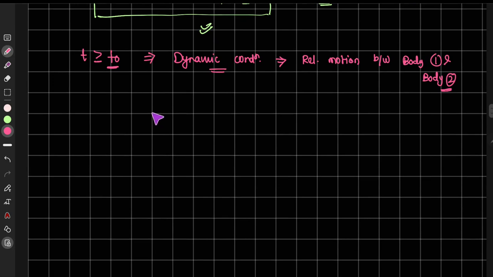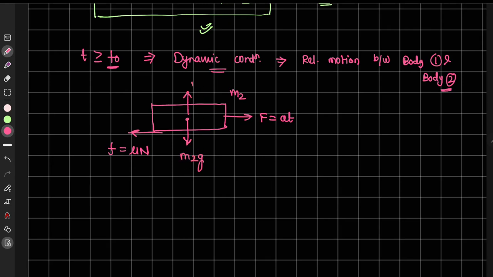So let us draw the free body diagram of mass m2. So this is mass m2. We have the force equal to A into T, and here we have the friction force that will be equal to mu into N, and the gravitational force in the downward direction, that is m2 into g, and the normal reaction in the upward direction. And let us say it has the acceleration of w2.